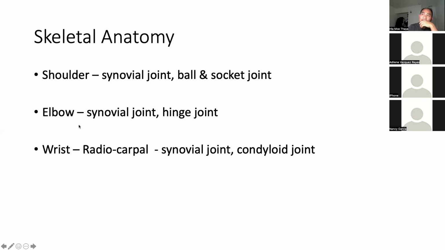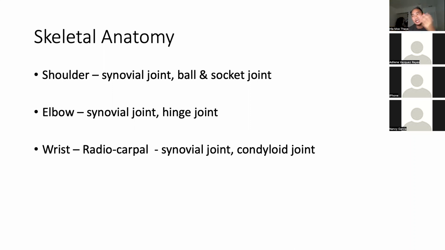So what about the elbow joint? As we remember, the elbow joint is a synovial joint, but it is a hinge joint. It is like a door hinge. It is one way, close or open, close or open.